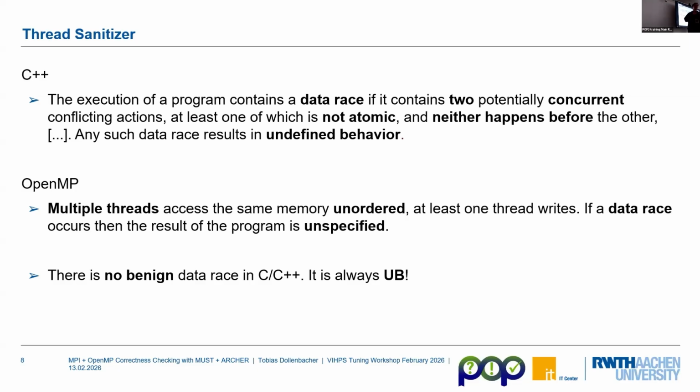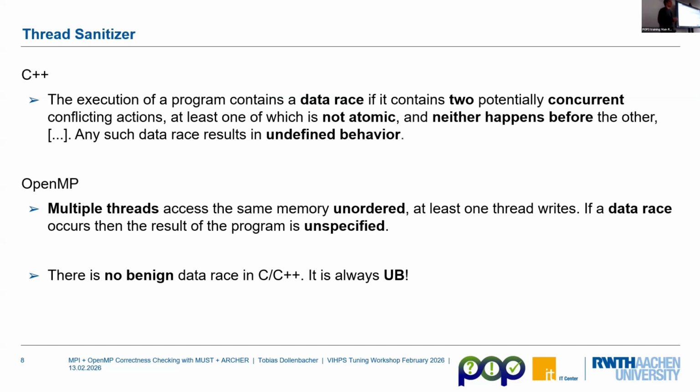That means we don't have some kind of synchronization making that sure. OpenMP defines that a little bit differently because OpenMP has some other synchronization terms, but it essentially is the same. We have one of the threads being a write and a concurrent unordered access.